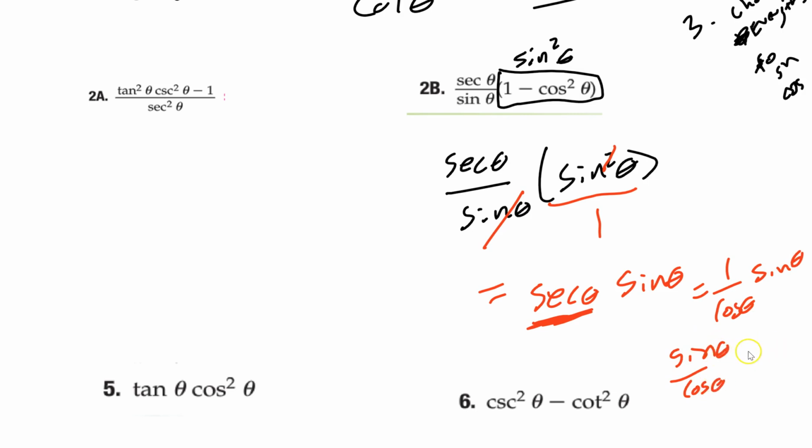Remember, sine over cosine equals tan. So it's just using identities to break your way out. That 1 minus cosine squared equals sine squared, so then you have sine squared times secant over sine. The sines cancel. Then you have secant times sine, which is 1 over cosine times sine. Sine over cosine is tan.